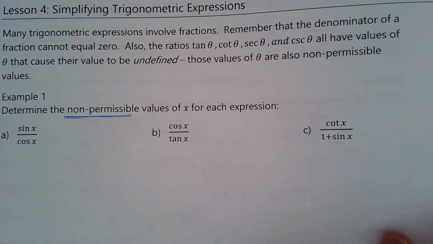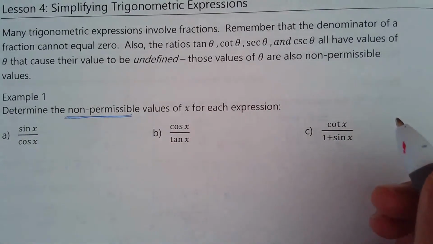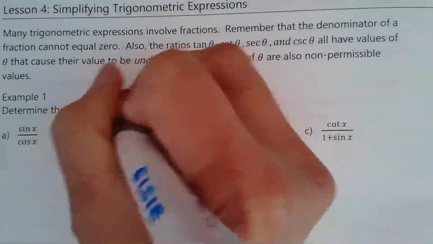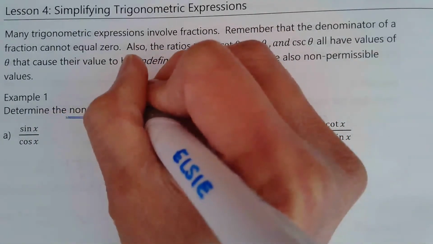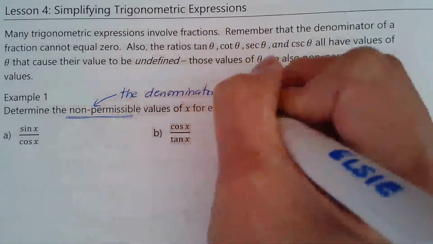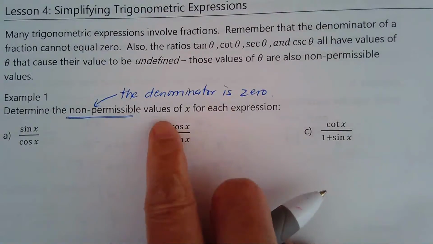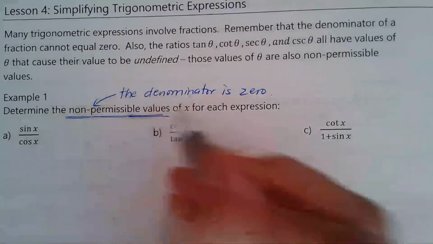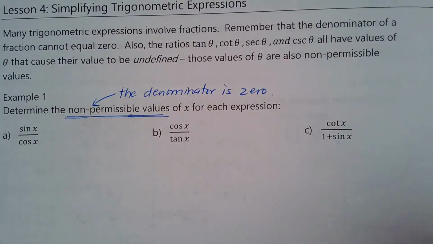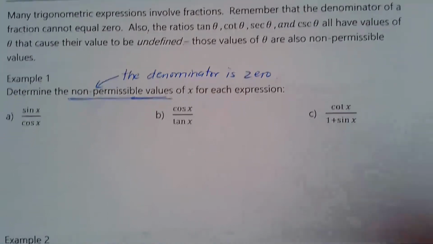Well, the non-permissible value is if the denominator is 0. Just like when we talk about a rational expression or rational equation, we looked at the non-permissible value, which is where the denominator is 0. So we're looking at this one.